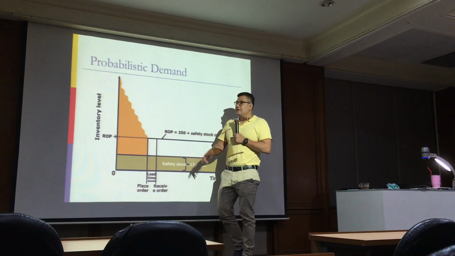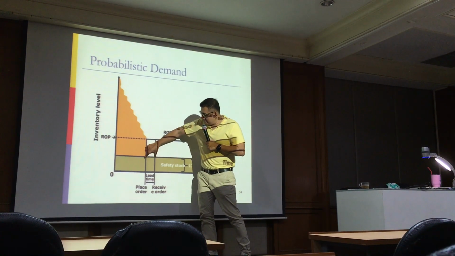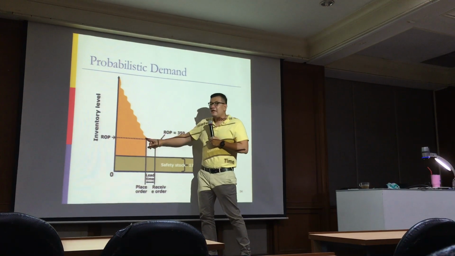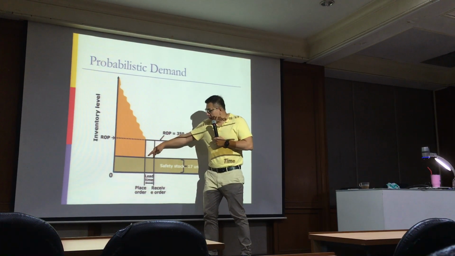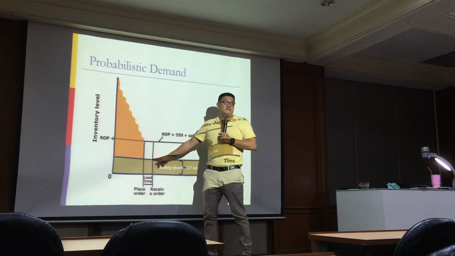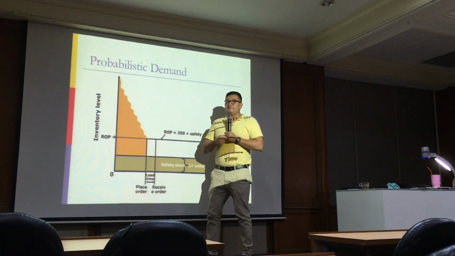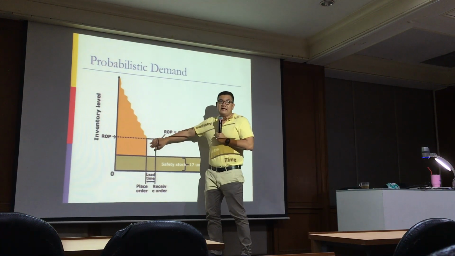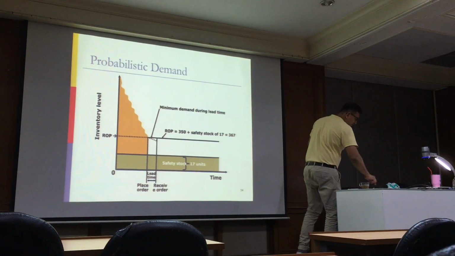But if, during the lead time, the demand is constant, as you expect, then when time equals the lead time, the inventory level is going to run out. But if the demand is not that constant, it might be something like this.